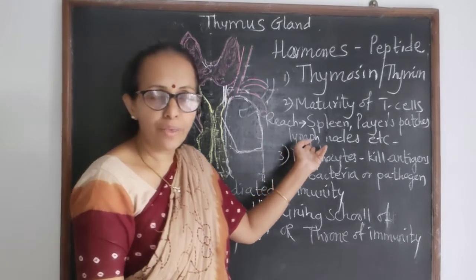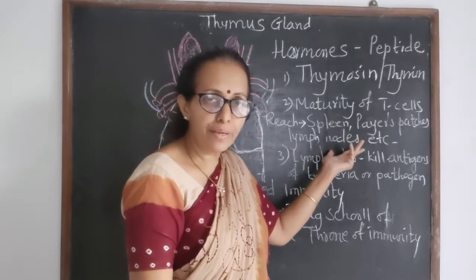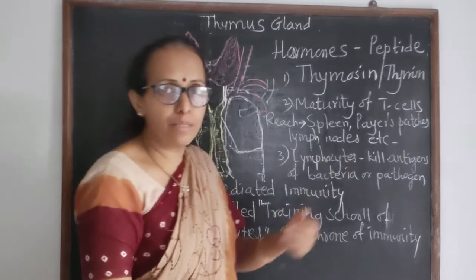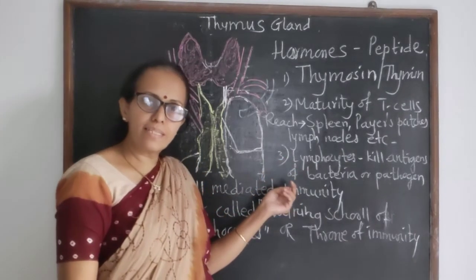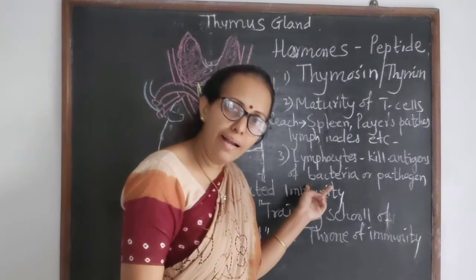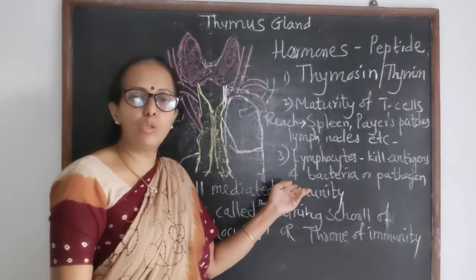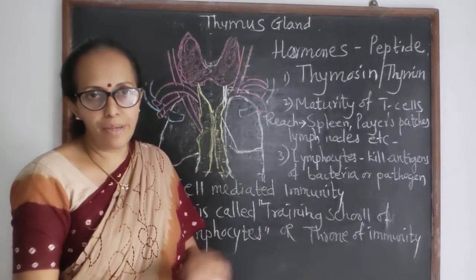They reach where they are required in the cell mediated response of the body, and there these lymphocytes kill the antigens which are produced by pathogens like bacteria.